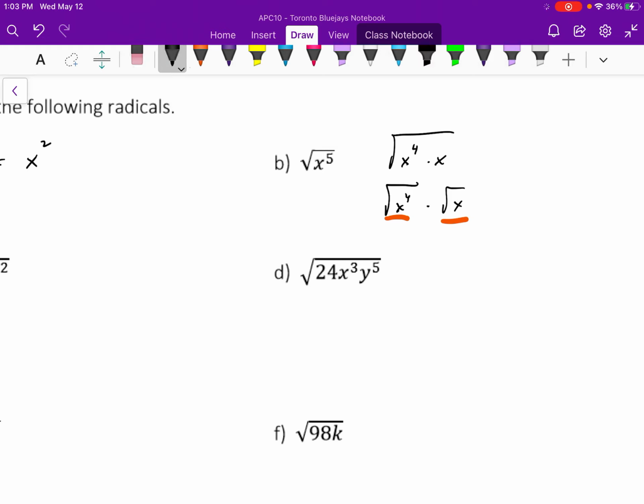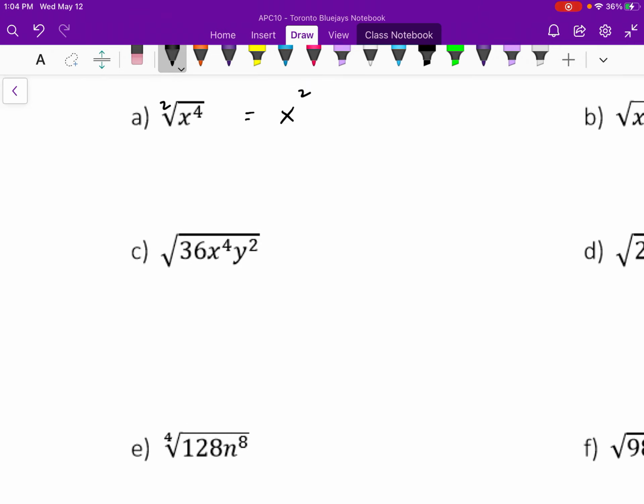So this simplifies into x squared times the square root of x, since I cannot take the square root of x. Now, note that this is kind of burdensome and difficult, right?